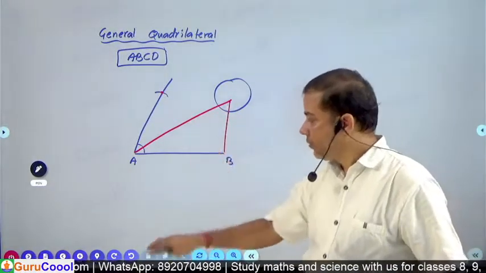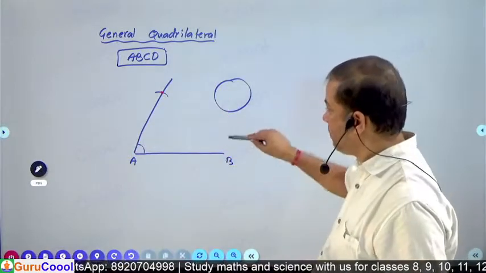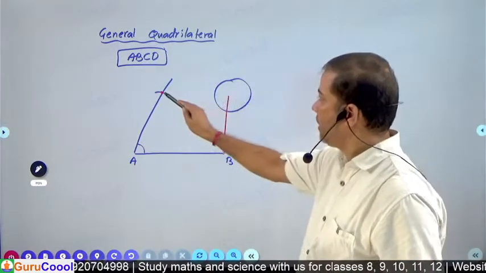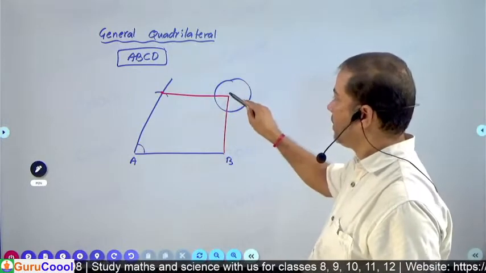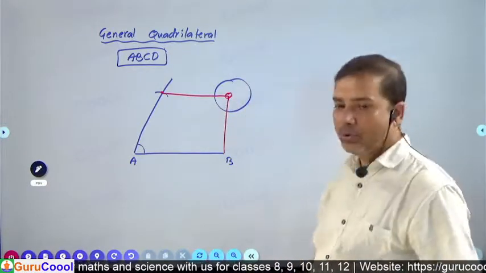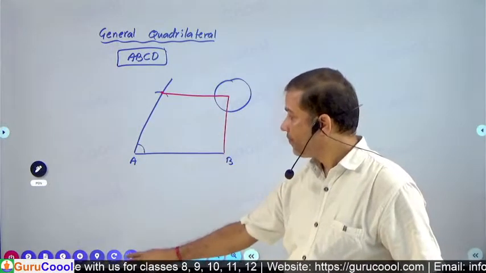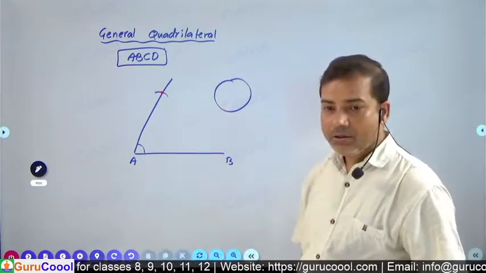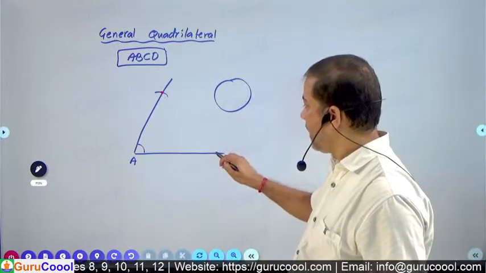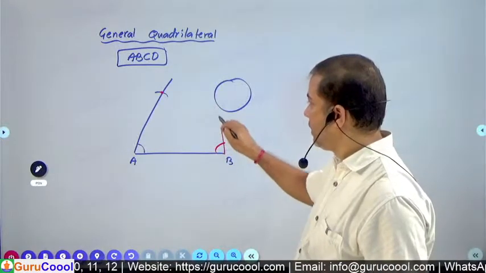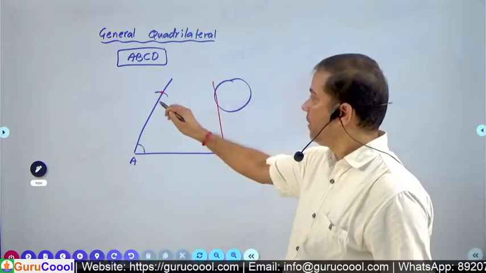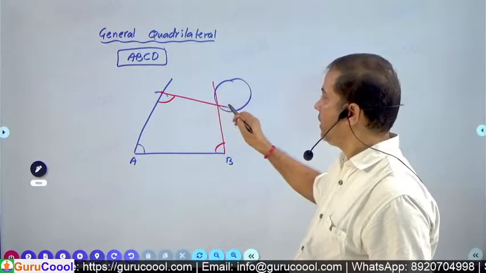Or maybe this side and this side, they will cut each other at a point. You will get to know the third vertex. So two pieces of information again, or maybe this angle, so that you can draw a line, and this angle, so that you can draw another line. They will cut each other.